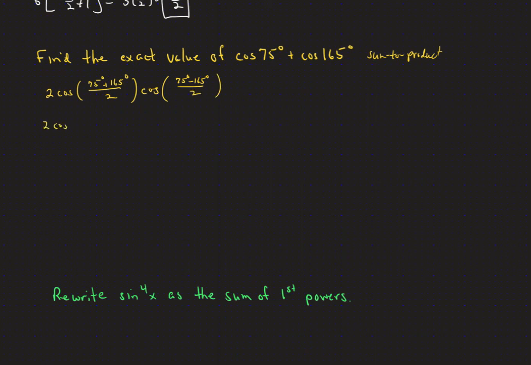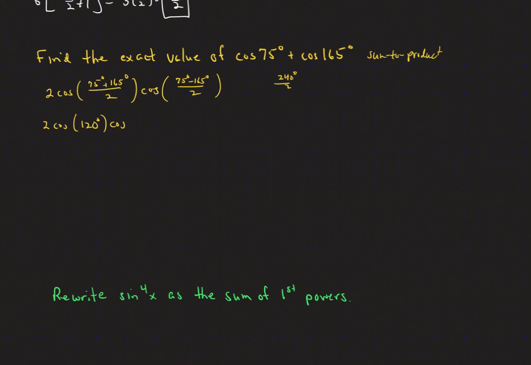So that's going to be 2 cosine. Let's see, 75 plus 165. The 5 is going to make that 80. 80 and 160 is 240. 240 divided by 2 is 120. 75 minus 165, so that's going to be a negative 90 degrees.